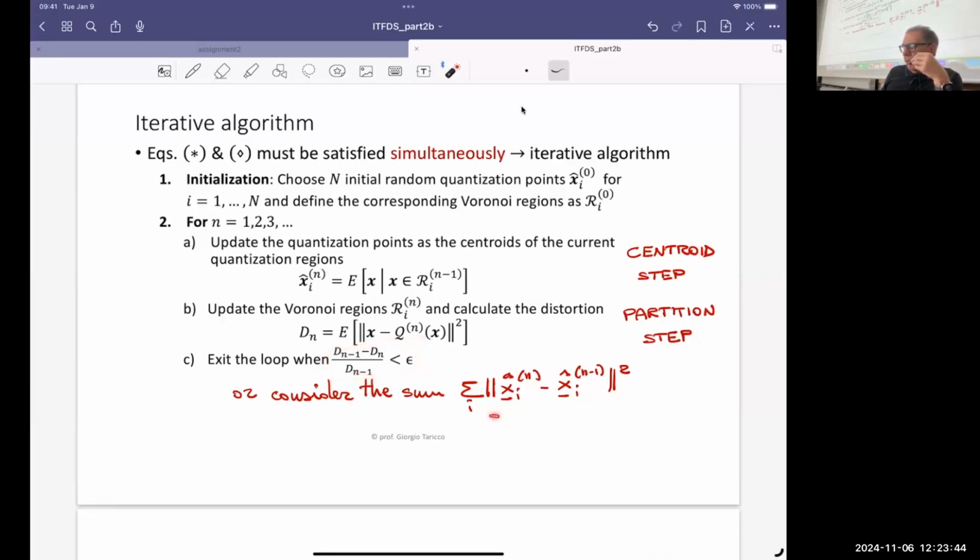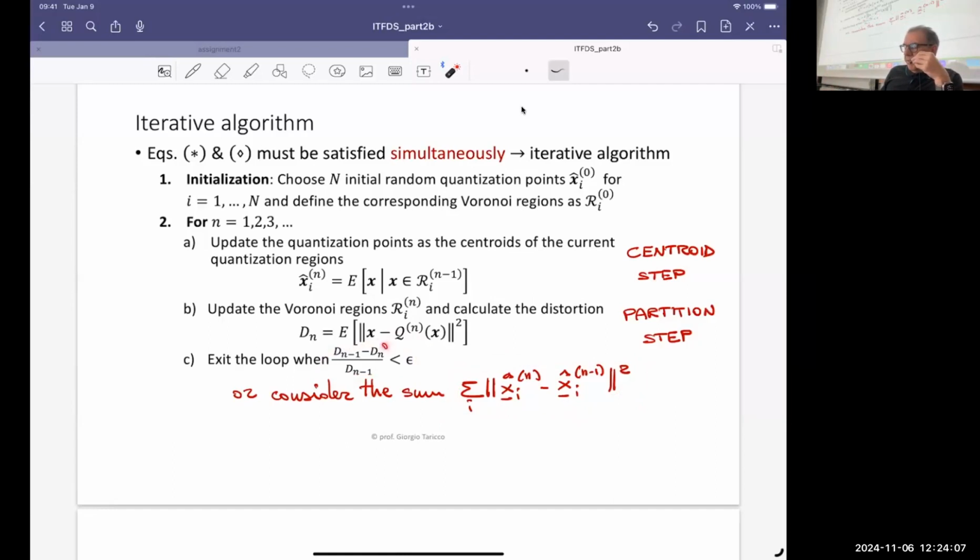If instead our goal is to find the optimum location of the quantization points, and therefore the optimum Voronoi region, then this one should be chosen. But it's somewhat arbitrary. It depends on the application. Anyway, each of them can be a stopping criteria.